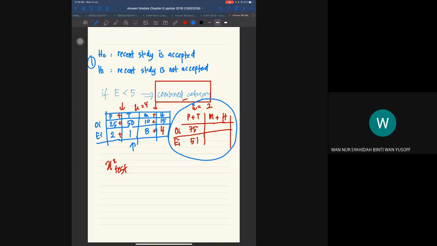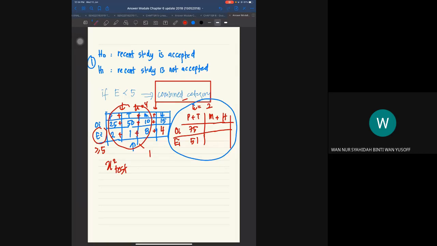So 2 plus 1 is still less than 5, so add another category, this one. So you will combine P, T plus M. So 3 categories here become 1 category, because we need to make sure all the E here are greater than or equal to 5. That's the assumption for the goodness of fit test.